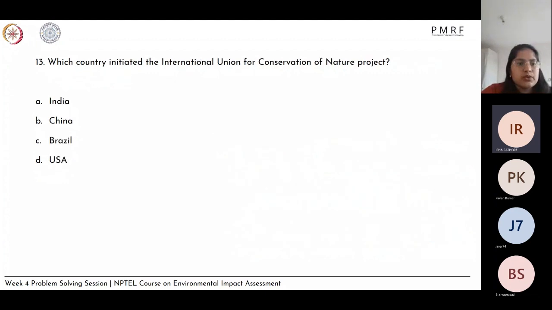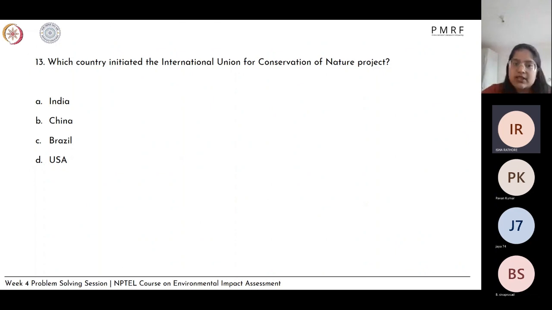So moving on to question 13, which country initiated the International Union for Conservation of Nature project? The International Union for Conservation of Nature is also known as IUCN, which we have been talking about.